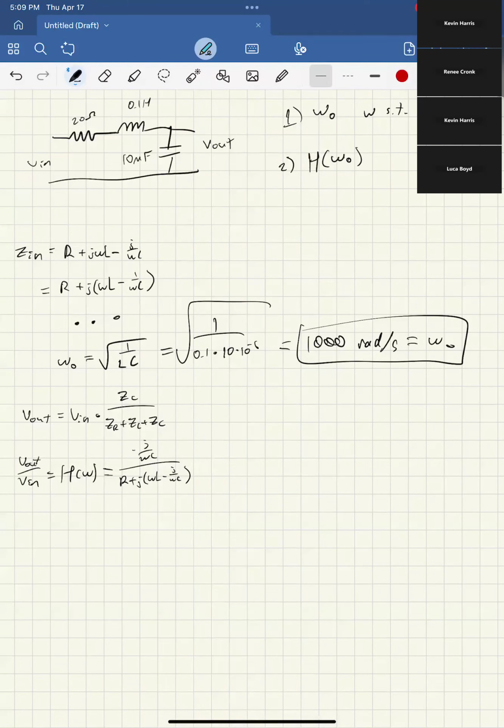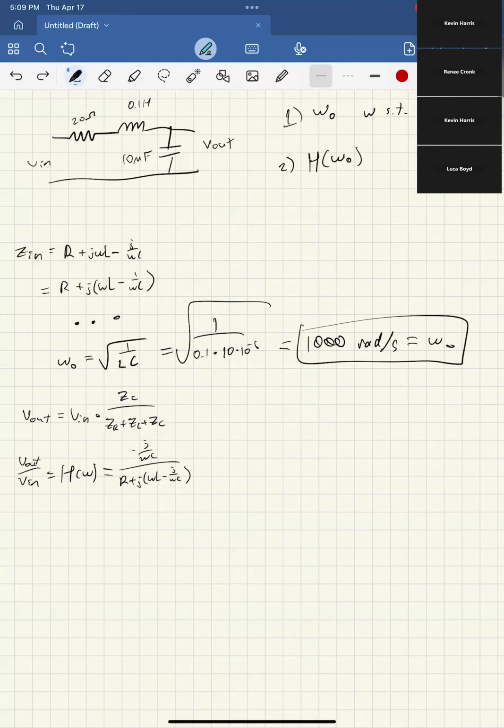However, we just need to find the magnitude of this at 1,000 hertz, right? Or not 1,000 hertz, 1,000 radians per second. And we have all the numbers, right? So if you really want to, you can just plug this into your calculator and it can do the whole thing all at once.